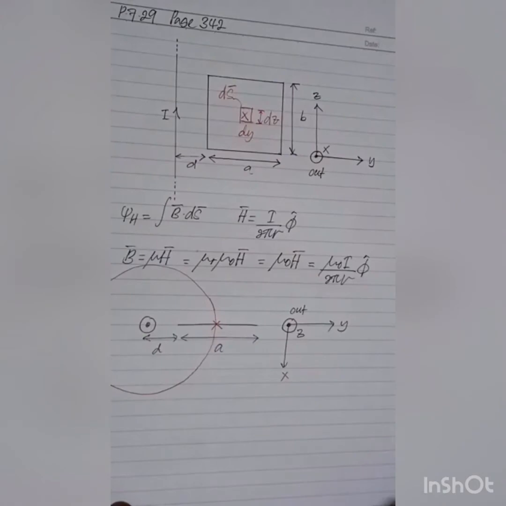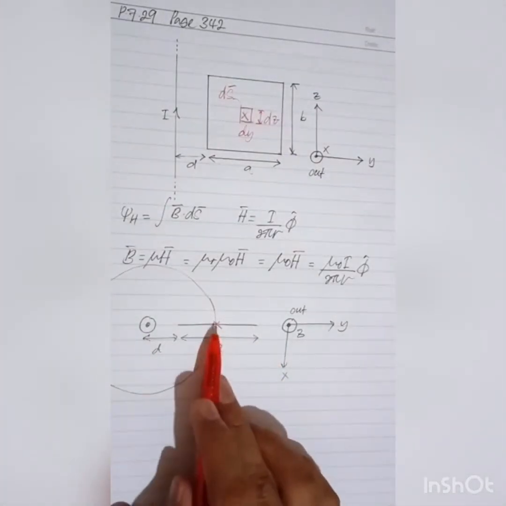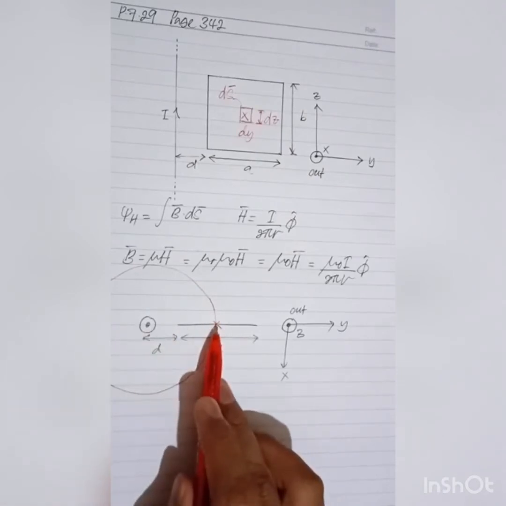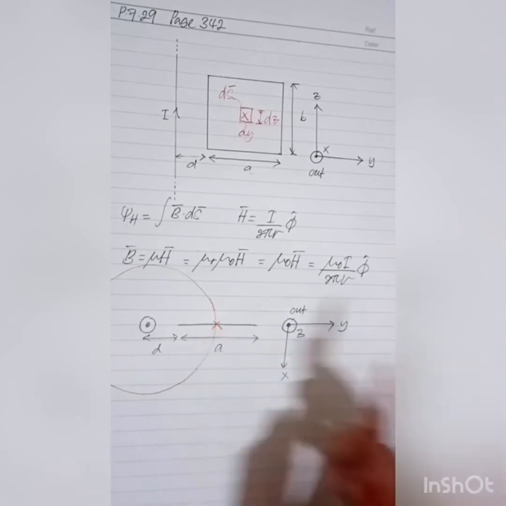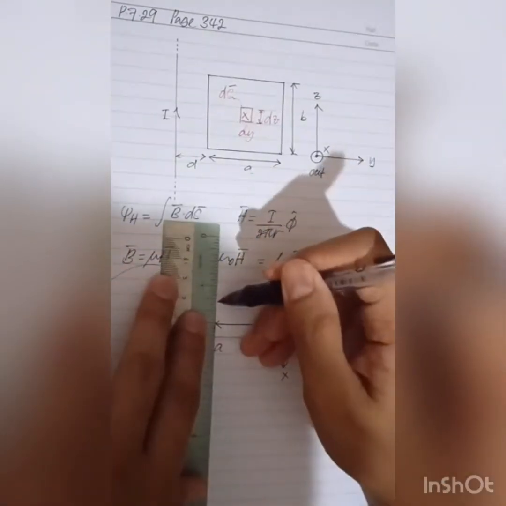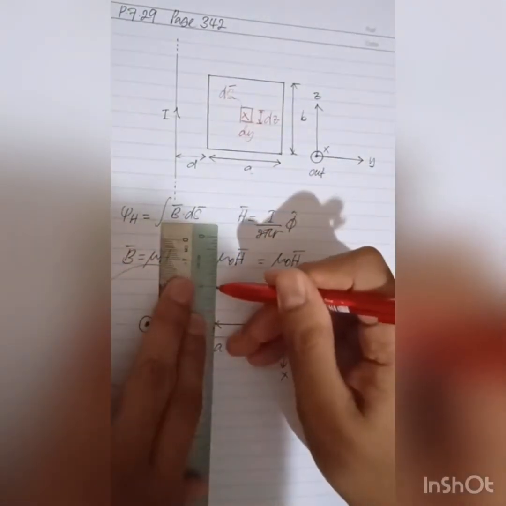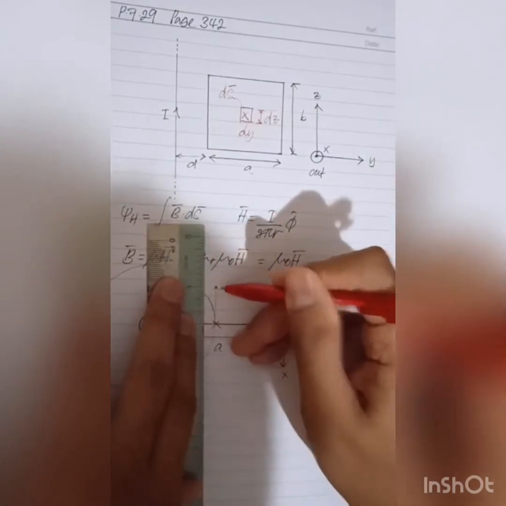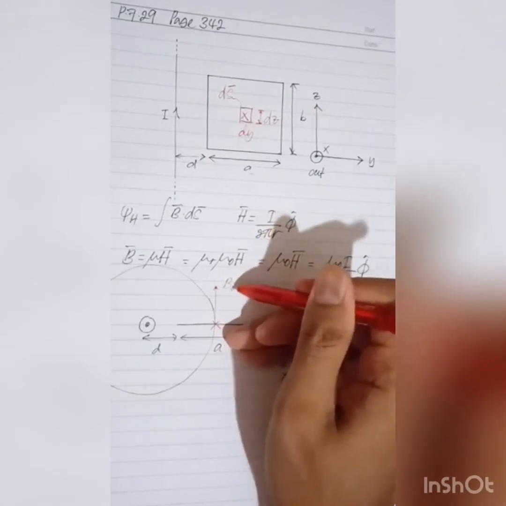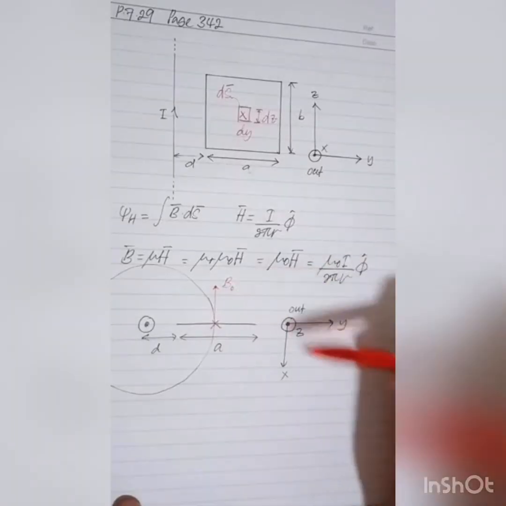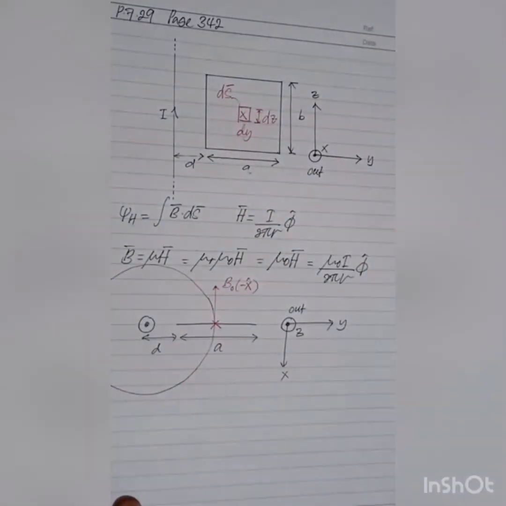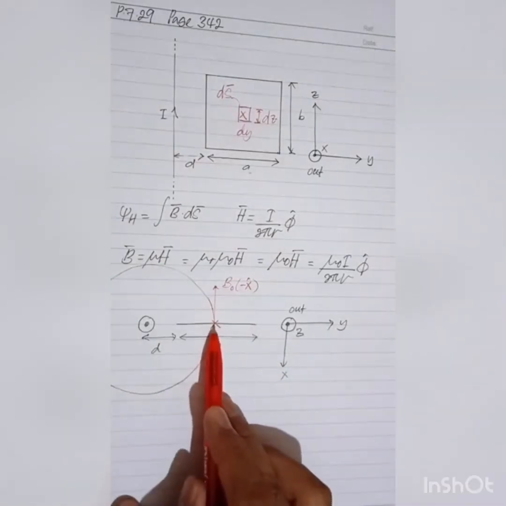If you look carefully at this diagram, at this particular point, which is perpendicular from this line current, the B does not exist in phi. We must take the tangential component, which is the B that exists in that direction. Since this B is against the X direction, we can put the direction as negative X. That's the B that appears at this particular point.